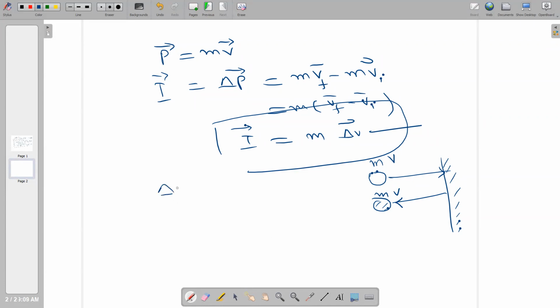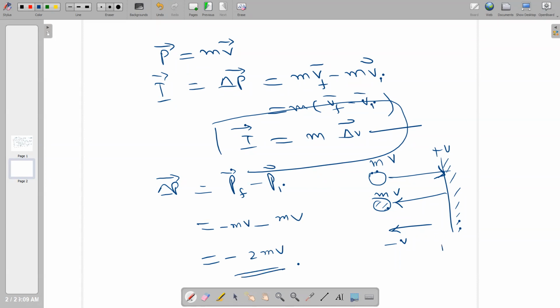Change in momentum is the final momentum minus the initial momentum. V is velocity, it is not speed, so it has direction. If it has direction in this way, it is negative V. If it has direction in this way, it is plus V. So final momentum will be minus mv, minus the initial momentum mv. So the total change will be minus 2 mv.